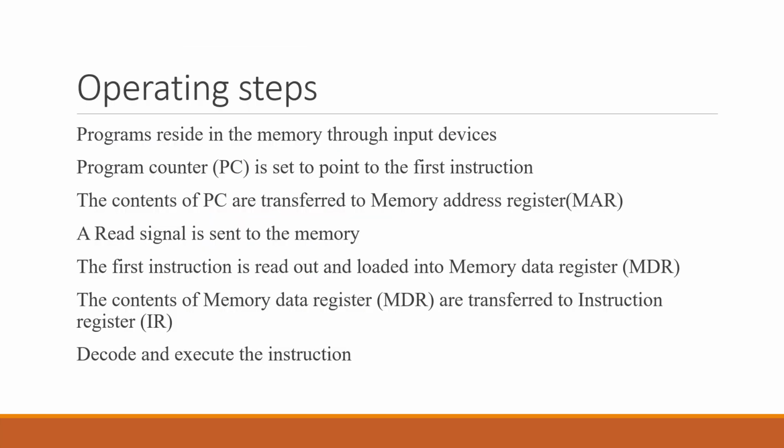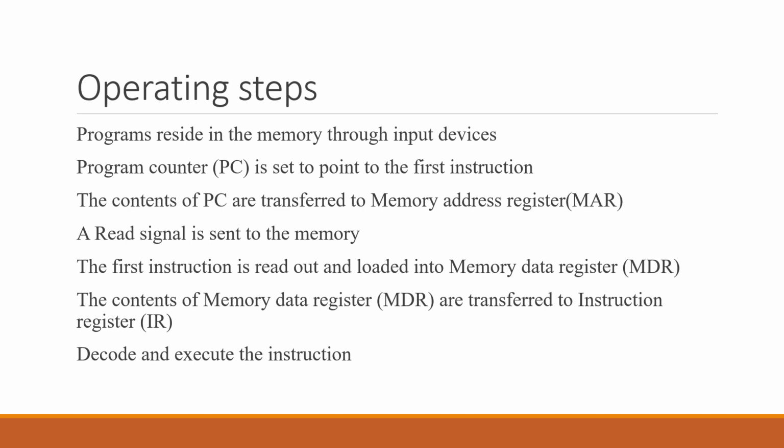Next, what are the different steps that are required in order to start the communication between the processor and the memory? The first step is that the program should be inside the memory, loaded through the input devices. Then the execution of the program will start when the program counter is set to the first instruction of the program.